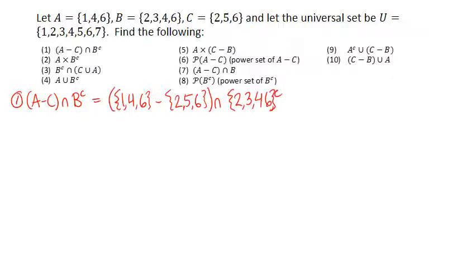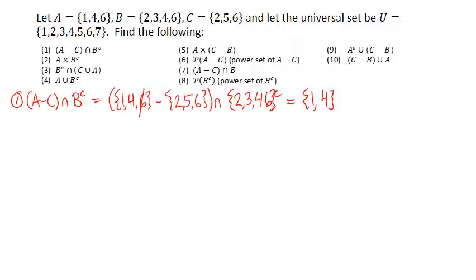Okay, and so I'm going to work on the part in the parentheses first. So the set {1, 4, 6} minus {2, 5, 6}. So you take everything in {1, 4, 6} and then you delete anything that was in {2, 5, 6}. So basically I'm only going to be deleting the 6. Okay, so this is going to be {1, 4}.